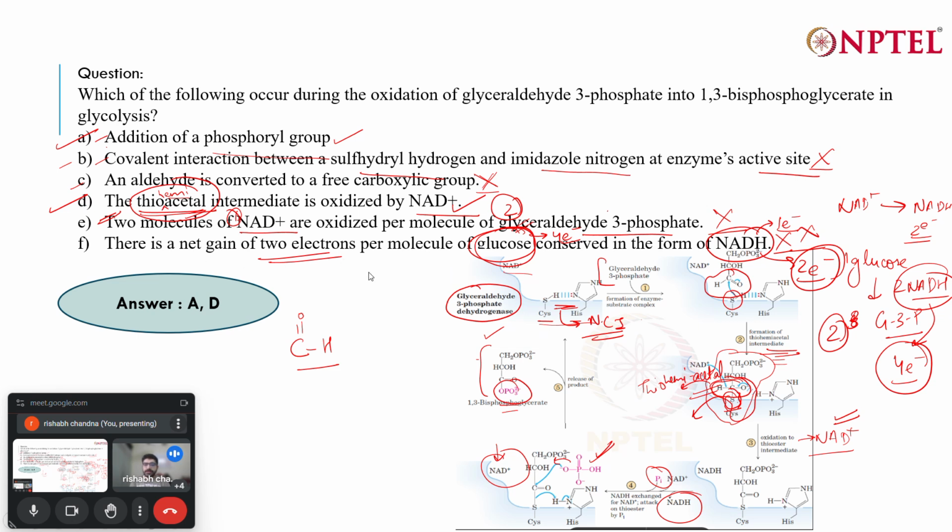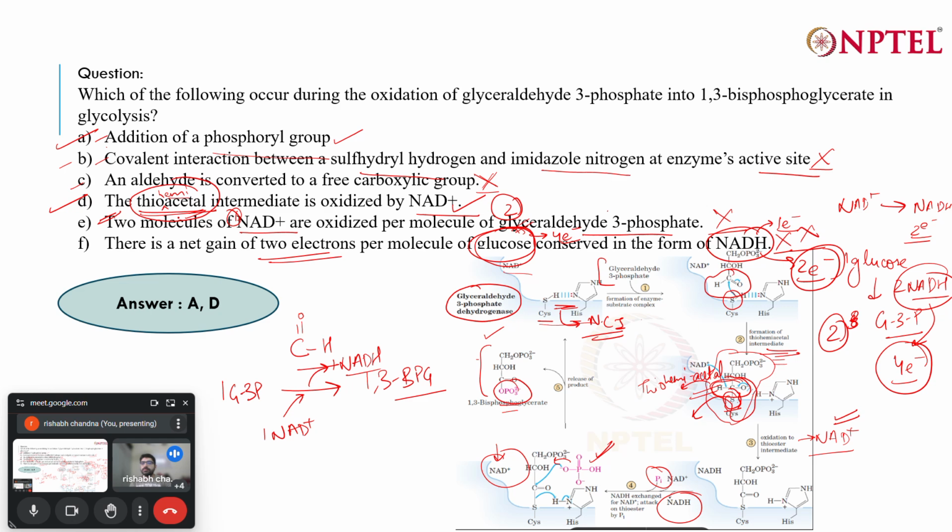The E option, right? So, if we can see, 1 glyceraldehyde 3 phosphate from here is converted to 1,3 biphosphoglycerate. It utilizes one NAD plus molecule, and it releases one NADH.